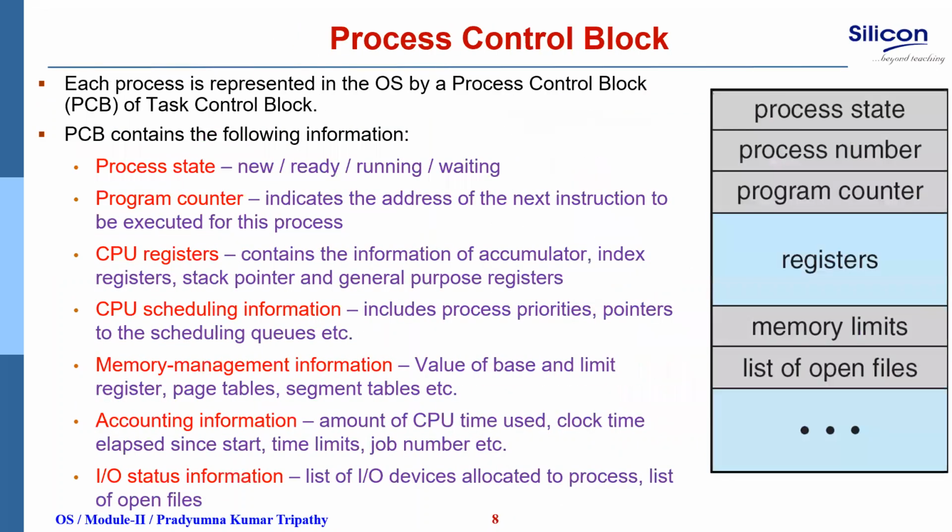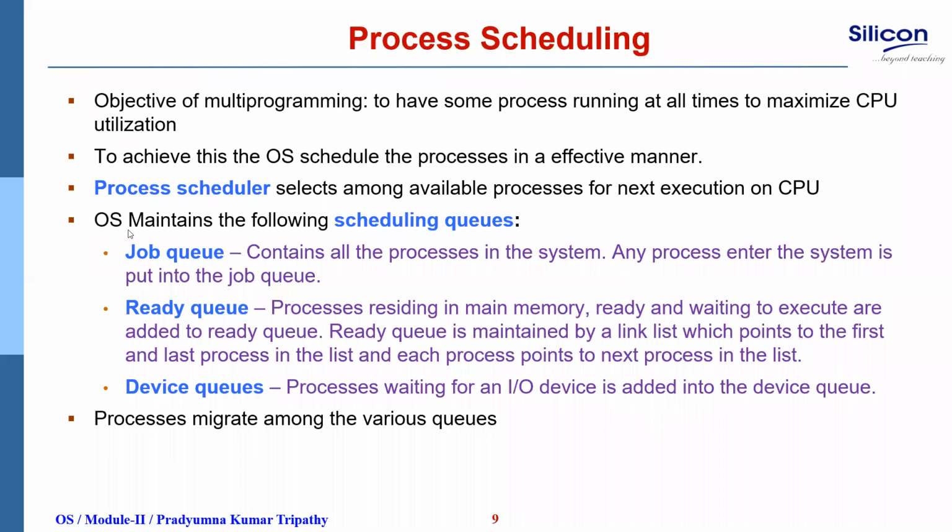Okay, so now look here. The operating system maintains the following scheduling queues. The first one is called the job queue. The job queue contains all the processes in the system.